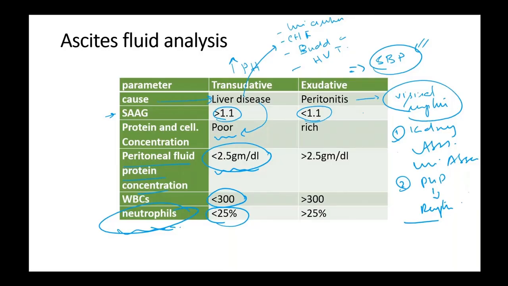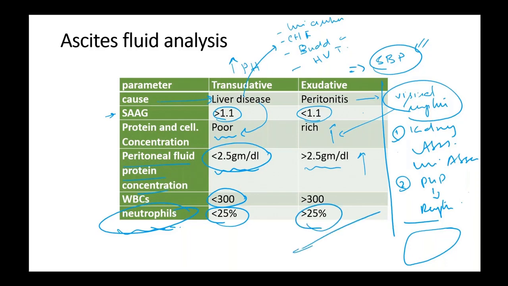In those kinds of cases, the SAAG will be less than 1.1 because the liver will be normal. In these infections, the protein in the ascitic fluid will also be very high. So they are assuming the liver is normal. And neutrophils greater than 25% indicate infection.